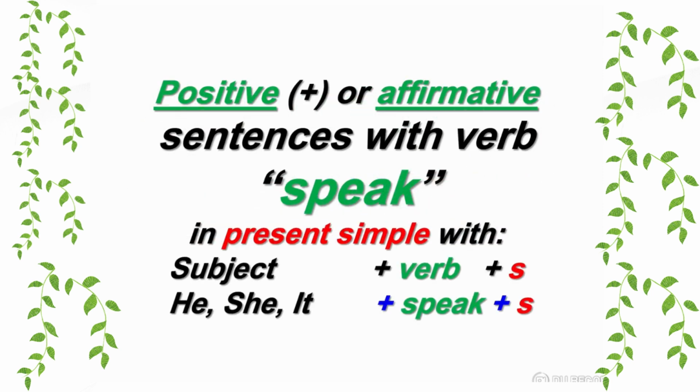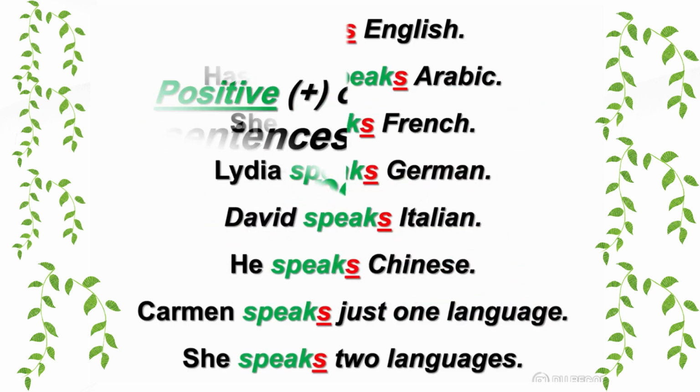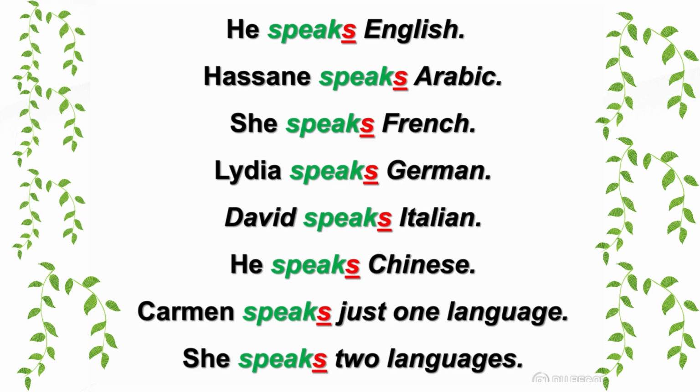The affirmative form, positive form. He speaks English. Hassan speaks Arabic. She speaks French. Lydia speaks German. David speaks Italian. He speaks Chinese. Carmen speaks just one language. She speaks two languages.